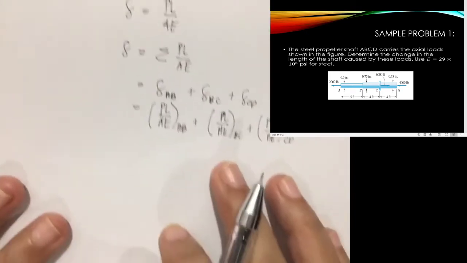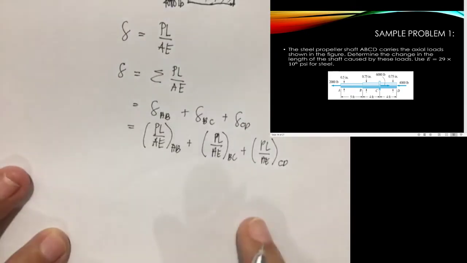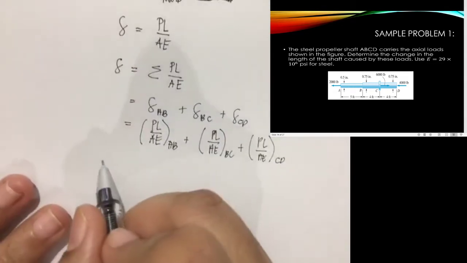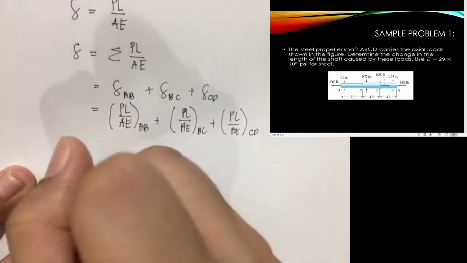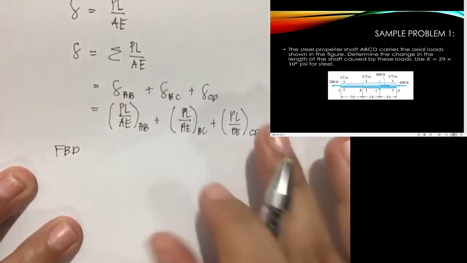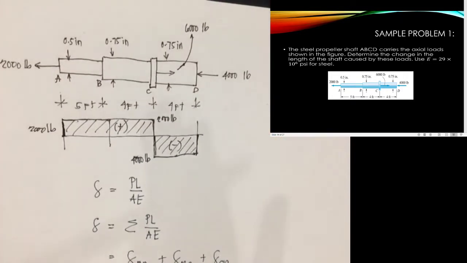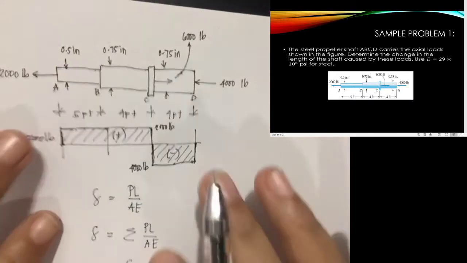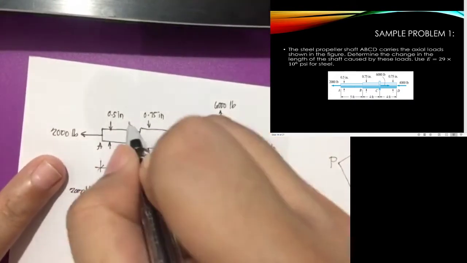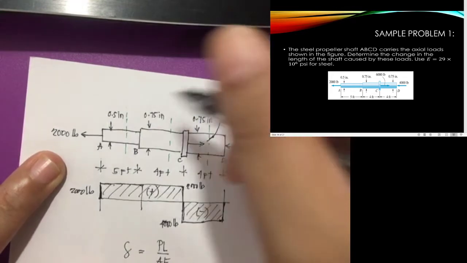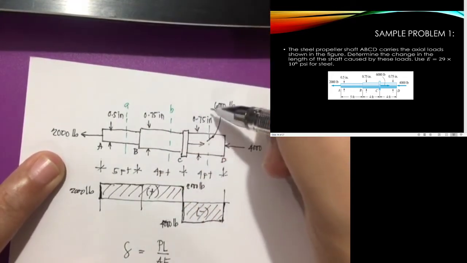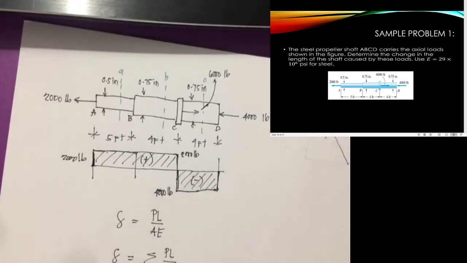How about if we're going to use the FBD? By FBD, since that is what we are used to, right? We're going to consider an imaginary cutting plane over here, here, and here. So, this will be A, B, and C. Okay?